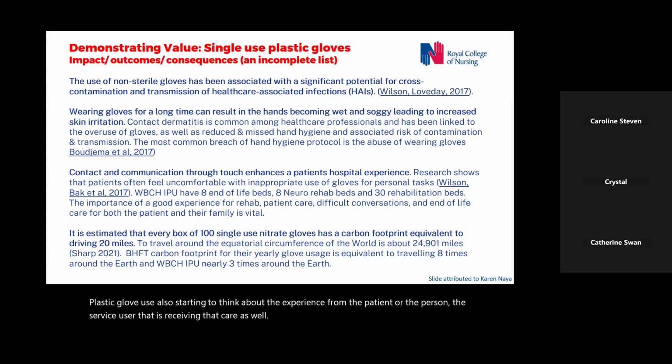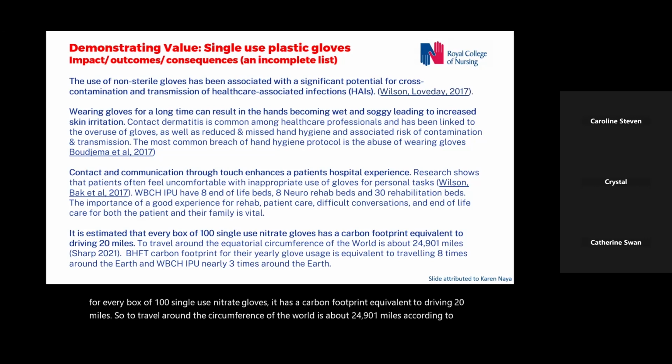And then the final one here, again, another example, Sharp 2021, about it being estimated that for every box of 100 single-use nitrile gloves, it has a carbon footprint equivalent to driving 20 miles. So to travel around the circumference of the world is about 24,901 miles, according to Sharp.